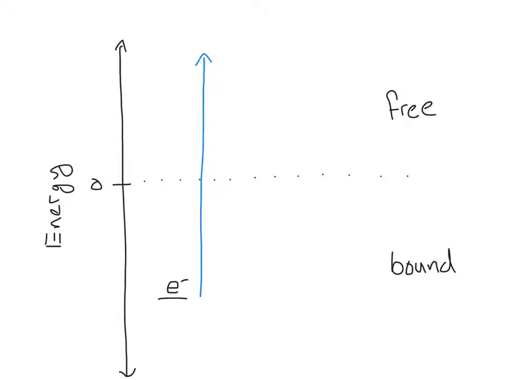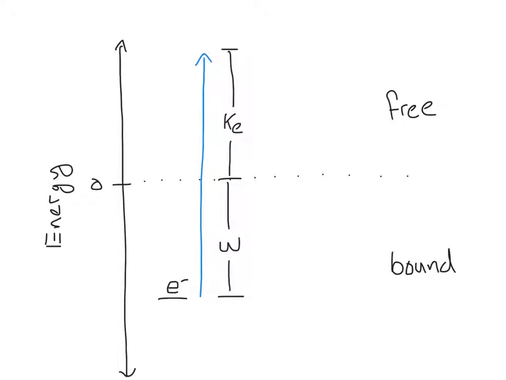The bound energy, or the binding energy, is represented here as W. So if a photon has at least that much energy, it will eject the electron. Any additional energy that the photon has will turn into kinetic energy for the free electron.